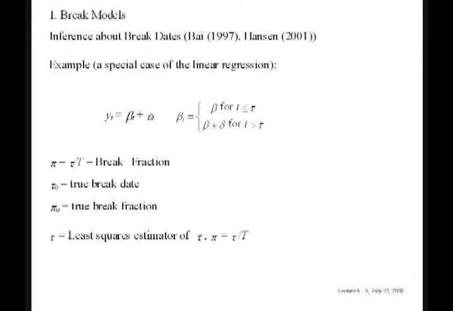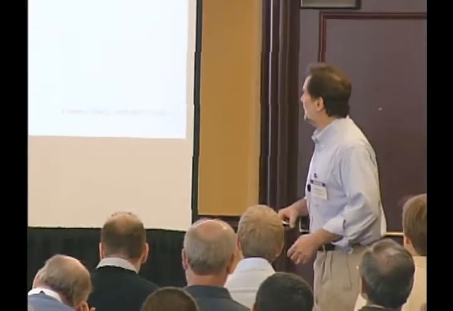So the first set of things we're going to talk about are breaks. Think about your favorite model, maybe a linear regression model or something else that has a break in it. Again, to make the notation as easy as possible, I'm going to be dealing with scalars and no x's in the regression, because those needlessly complicate things for the points I want to make.